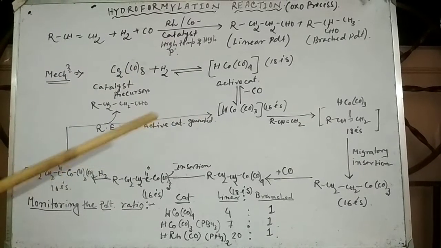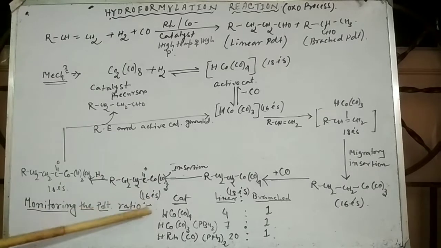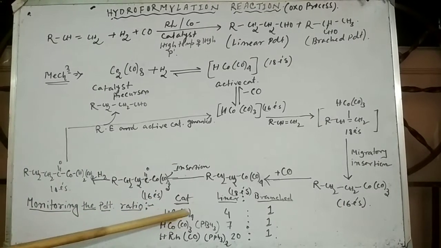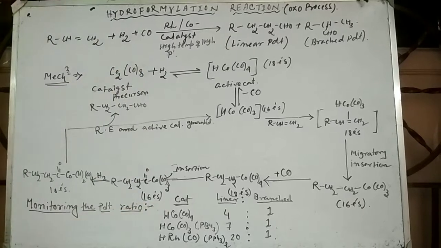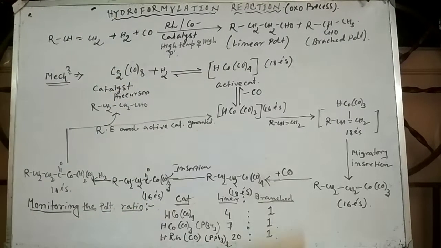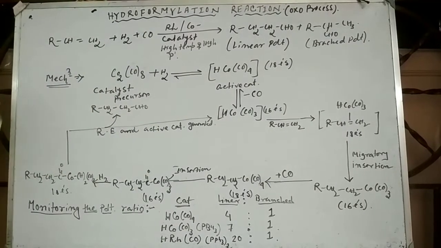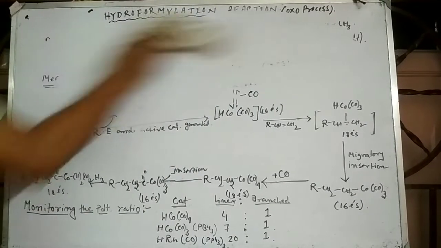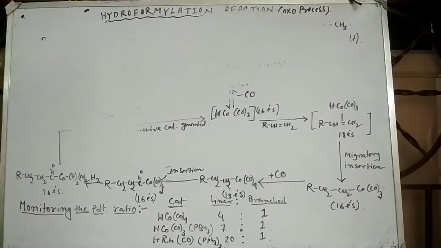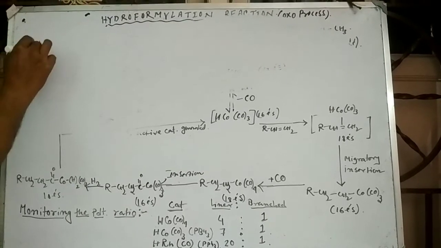Now a question arises: what is the disadvantage of HCo(CO)4 in the hydroformylation reaction? This is very important.